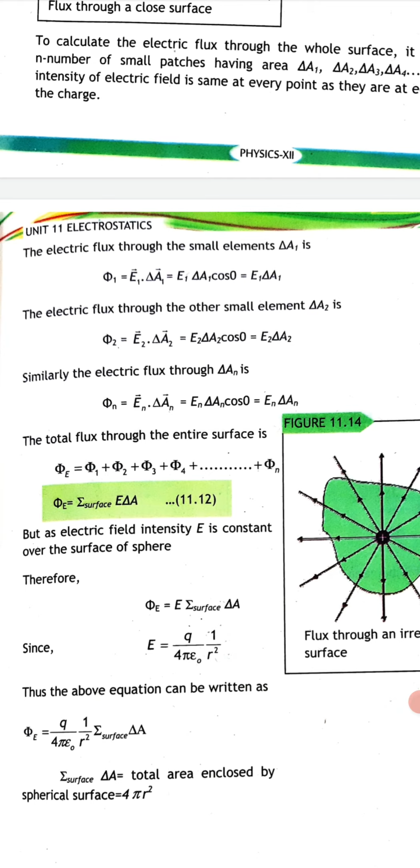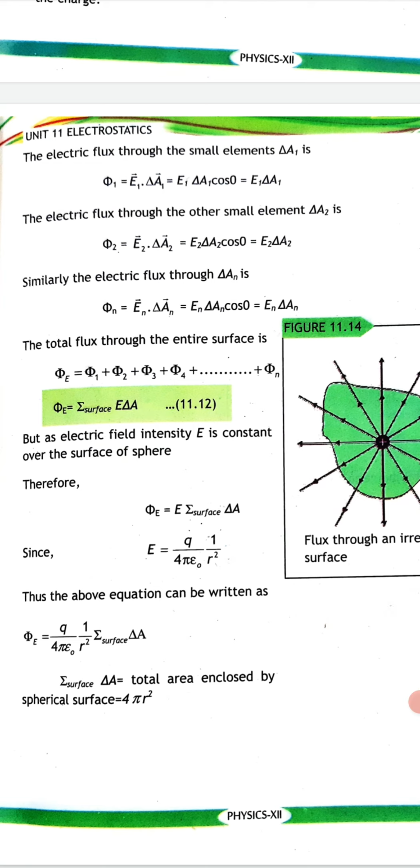The electric field due to a point charge is simply equal to Q by 4 pi epsilon naught times 1 over r square, right. So this equation we have already derived, Q by 4 pi epsilon naught into 1 over r square. This is the electric field due to a point charge, and here also at the center of this closed surface we have a point charge.